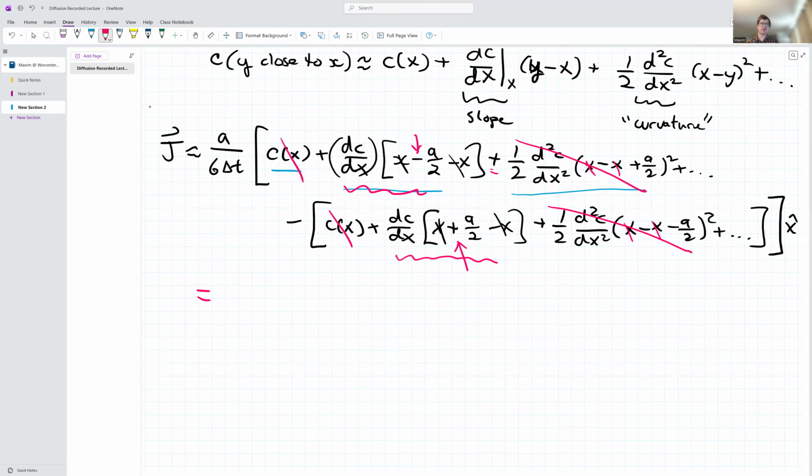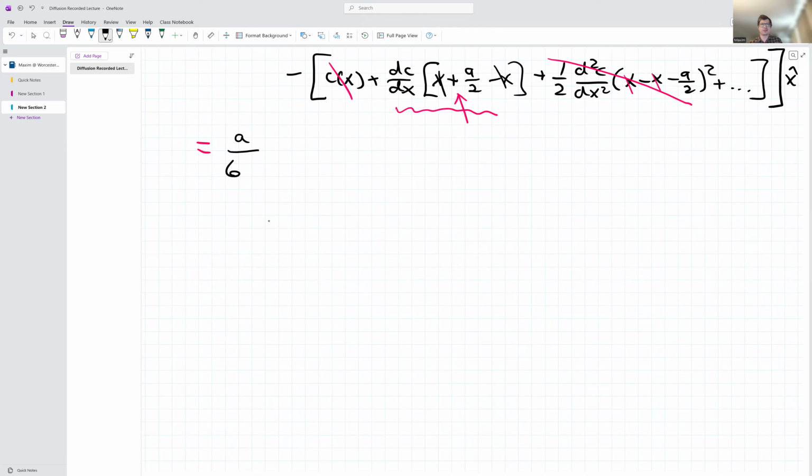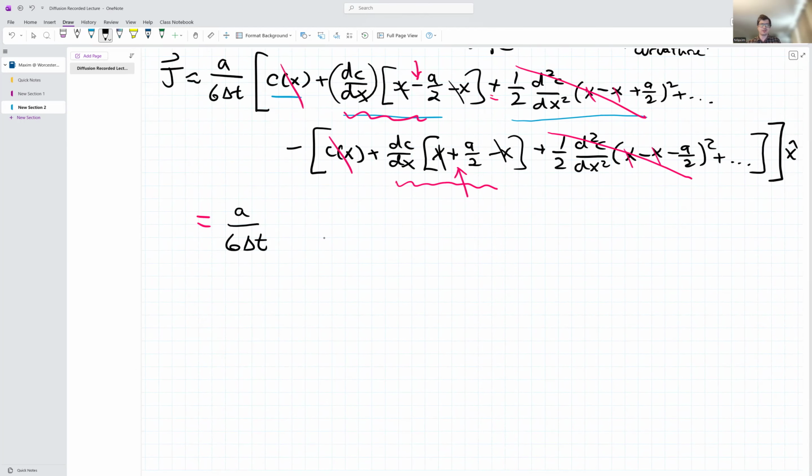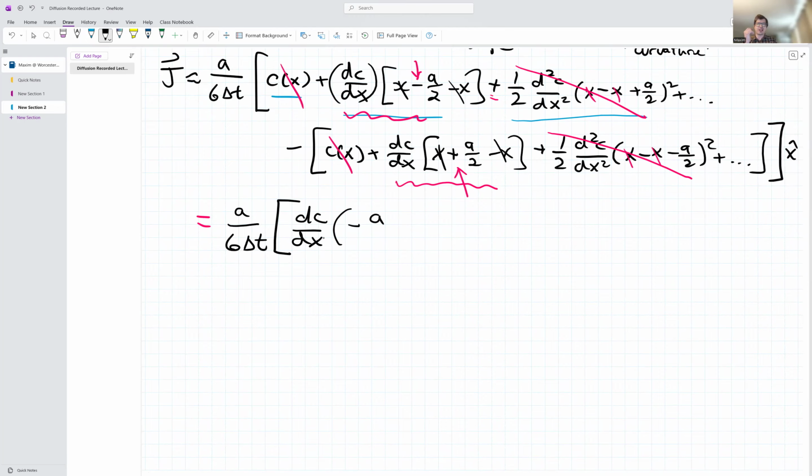This is A over 6 delta T. And over here we have dc dx times minus a over 2.